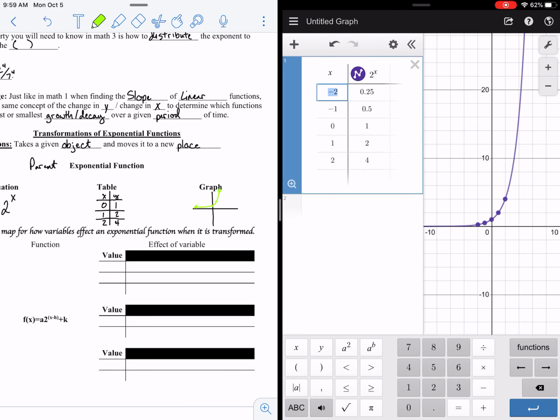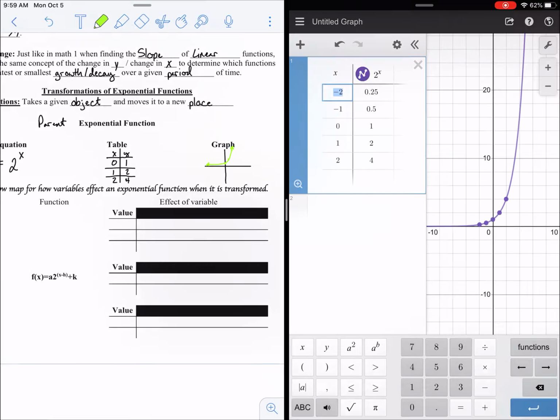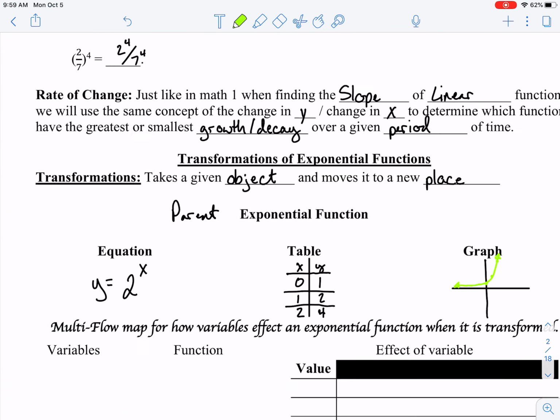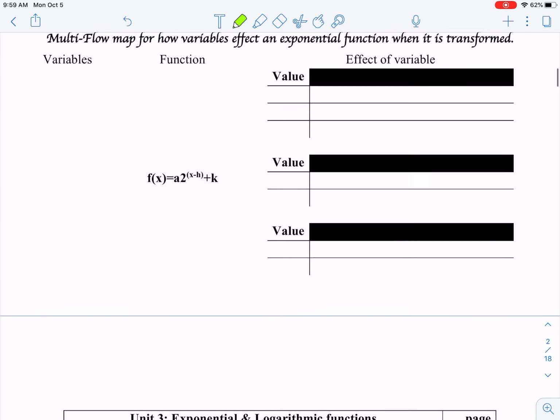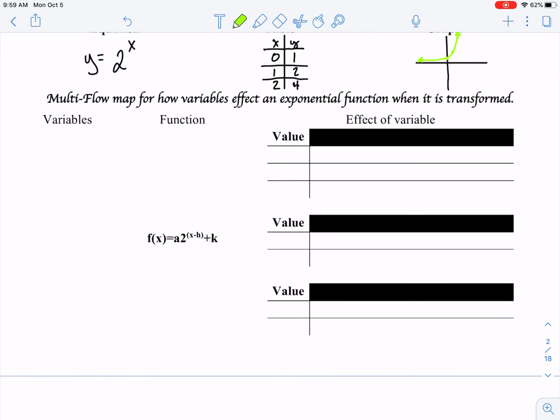And it looks something kind of like that. In the next video, we'll actually talk about how transforming the exponentials look. What are the different pieces?